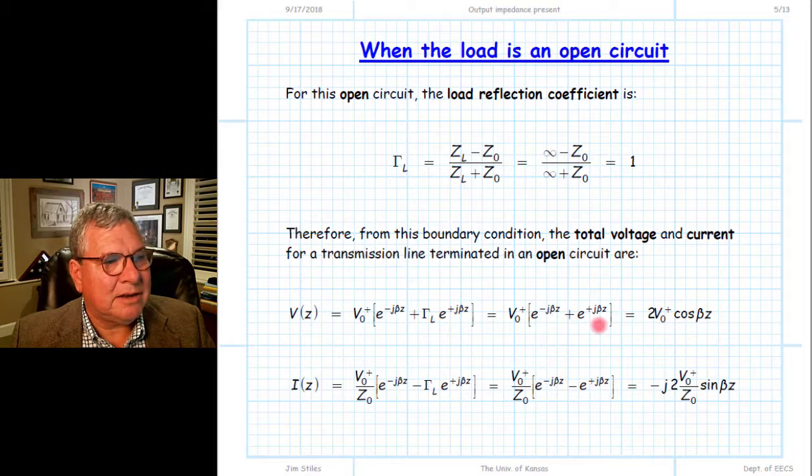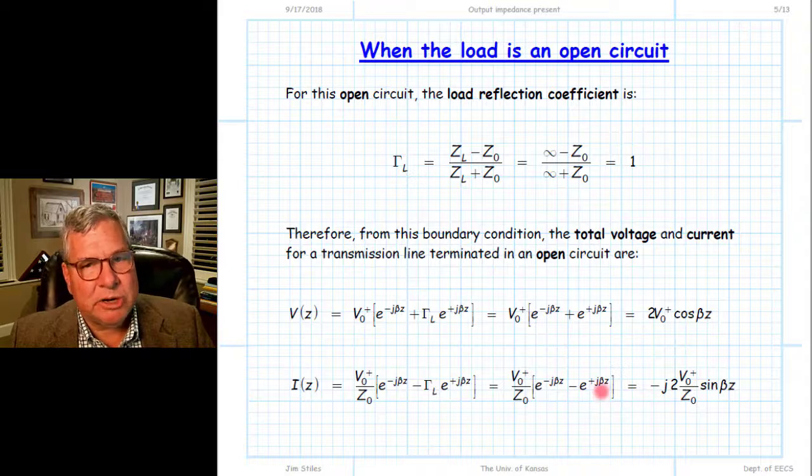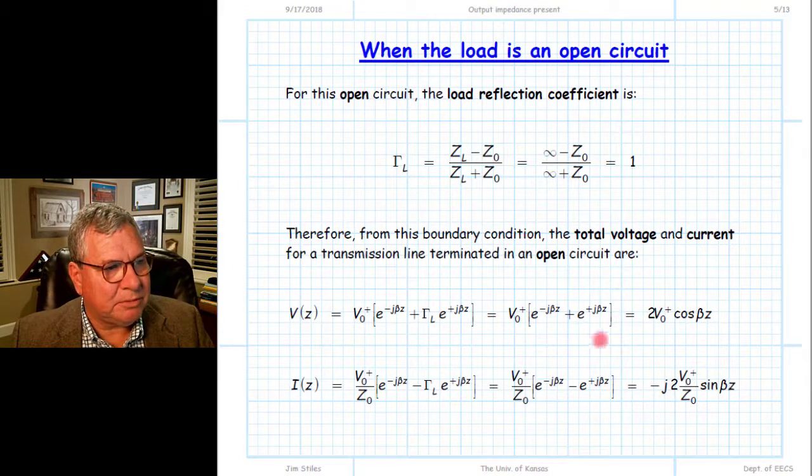And of course, we're adding together two complex exponentials, one e to the minus j beta z, the other e to the plus j beta z. Here we're taking the difference of the two. And of course, we can use Euler's equation then to simplify these results. And we get this result here. In this case, a result in terms of cosine beta z, and this in terms of sine beta z.